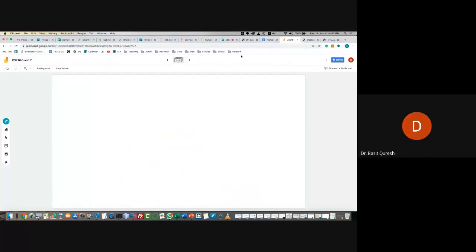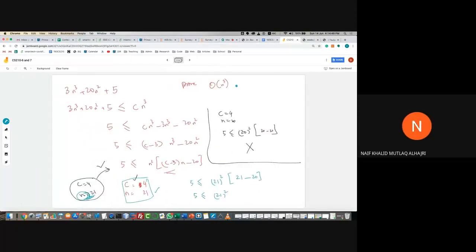Sorry, but don't we divide the 5 by c minus 3 and minus 20? No, I did not do that in the last step. I did not remove it because let's keep all the n's on one side.